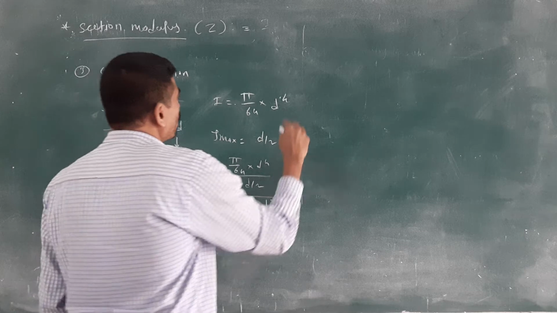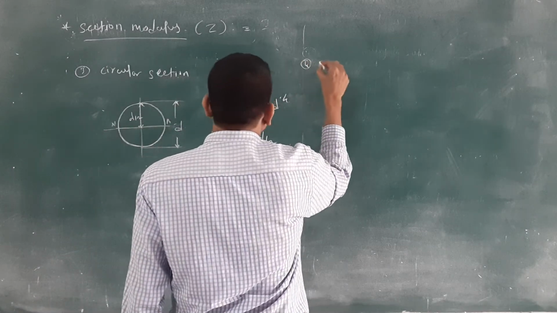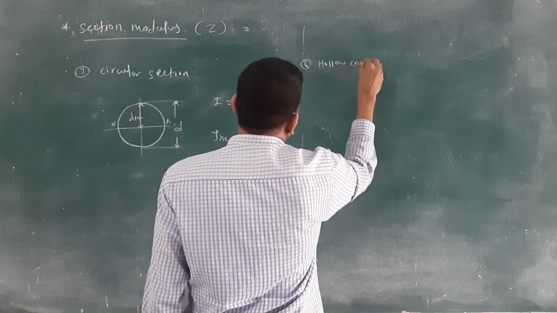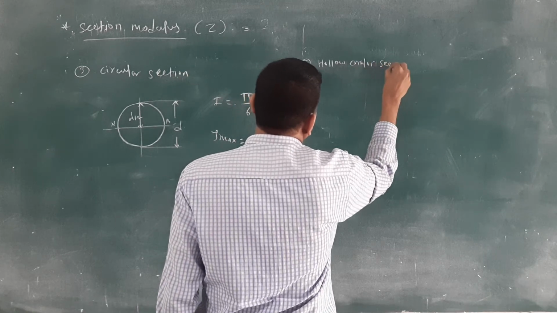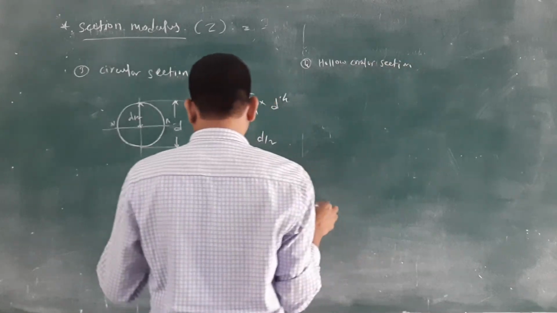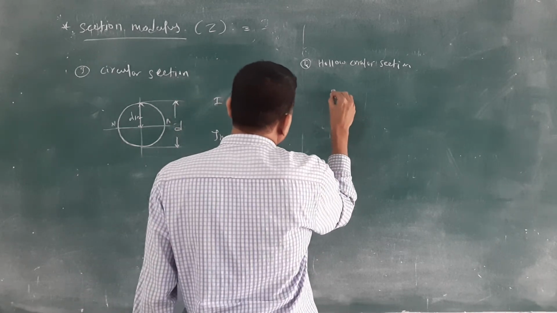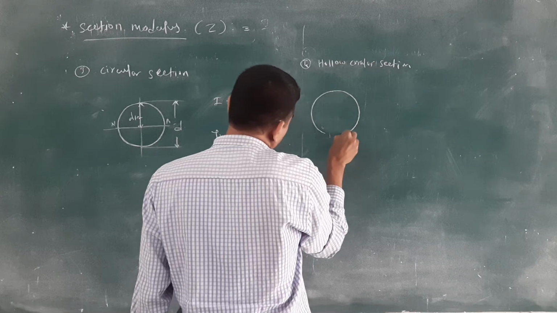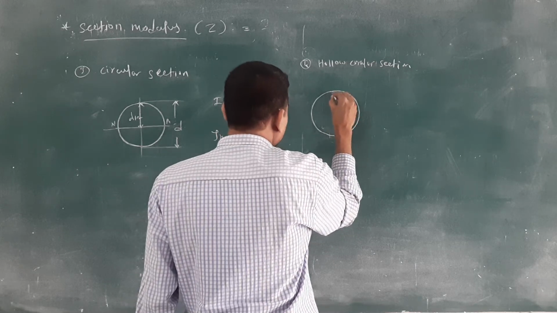In a similar way, if you are given the hollow circular section, then how do you calculate the section modulus? Check that. I will draw the hollow circular section here.